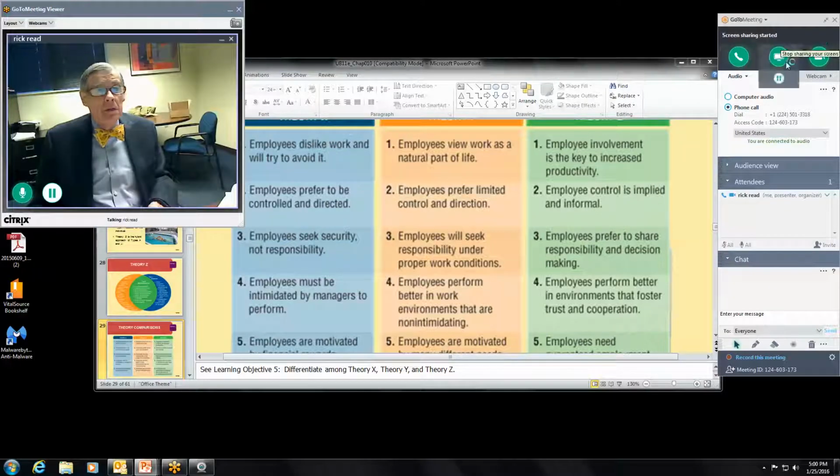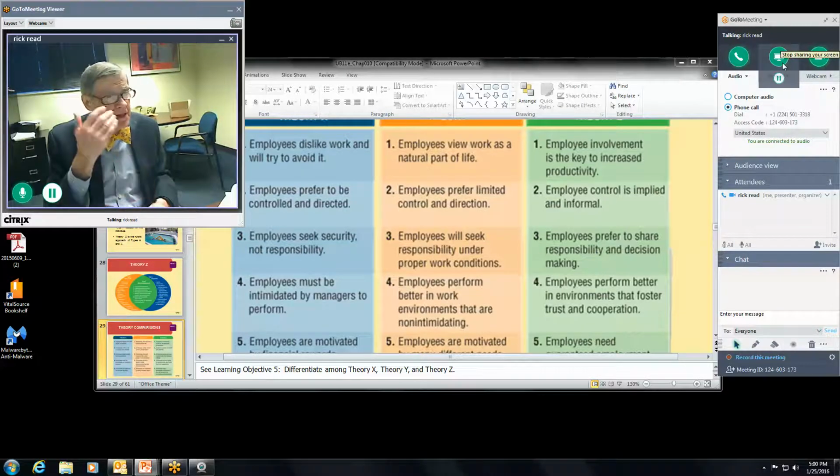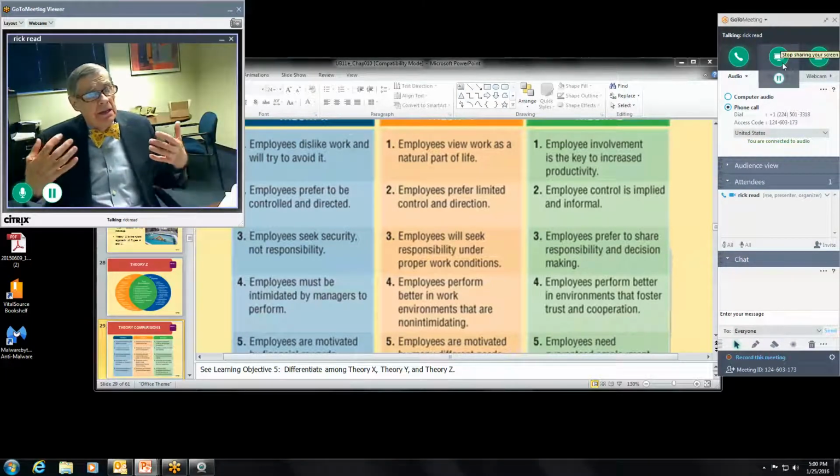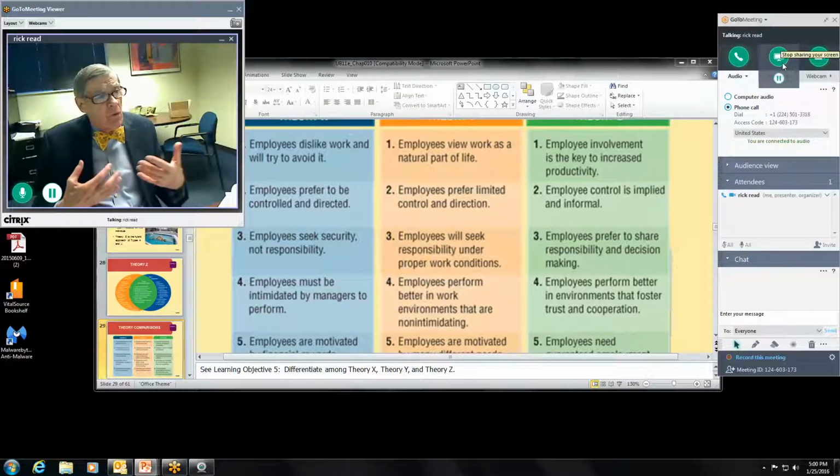If A is employees dislike work, that's theory X, and then we come to theory Y, and then we come to theory Z. Employee involvement is key to increased productivity. And I think that resonates with each of us. When employees are involved in their work and some planning and things of that nature, they tend to be more committed to it.